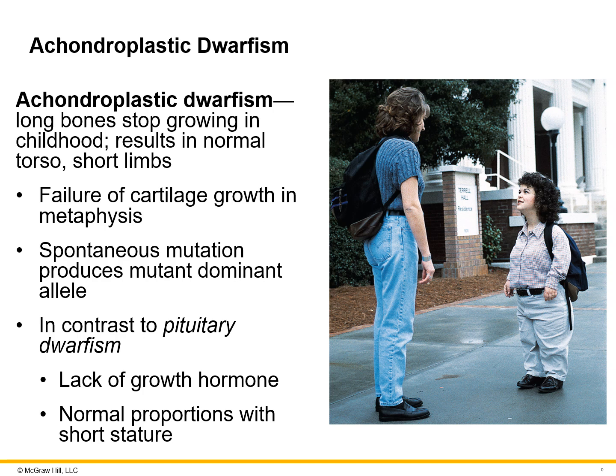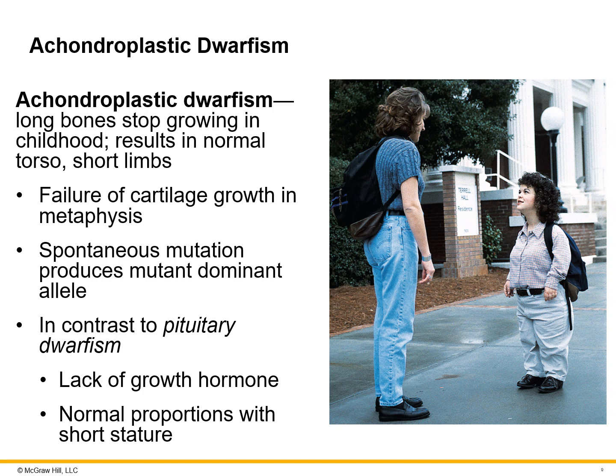Achondroplastic dwarfism is where the long bones stop growing in childhood. So this is a failure of cartilage growth within the metaphysis, and it causes there to be a normal torso, but the limbs are shortened.